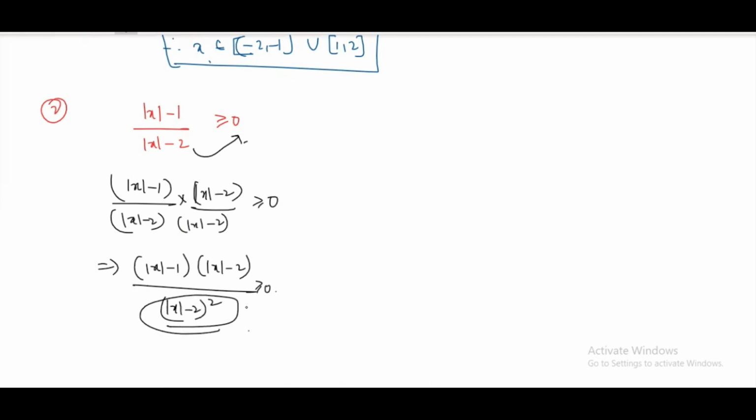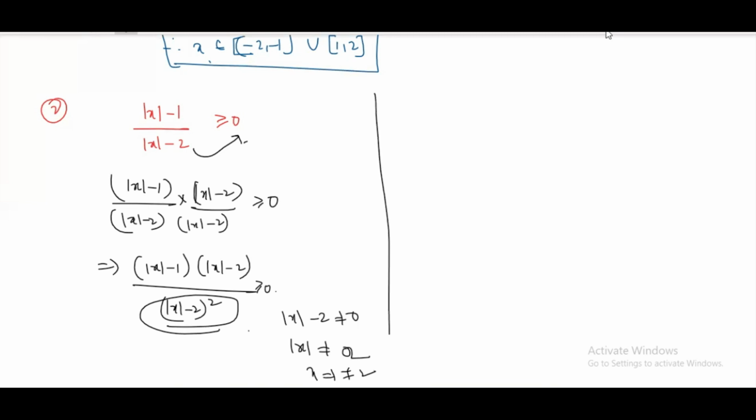Here the denominator cannot be equal to 0, so mod x is not equal to 2. So we get x not equal to plus or minus 2.